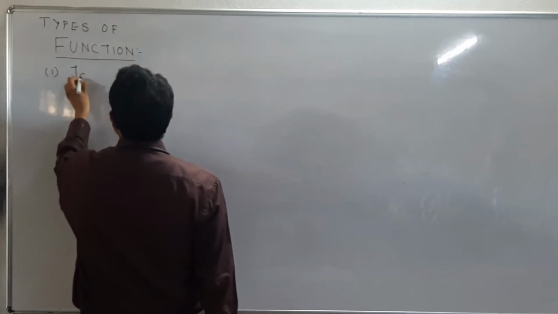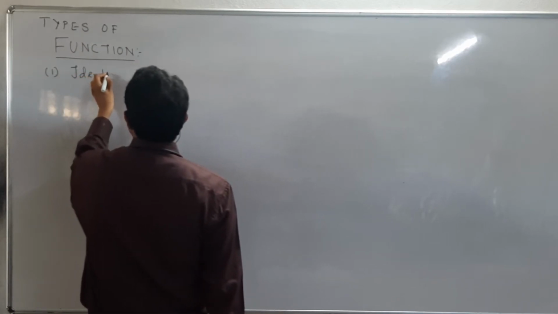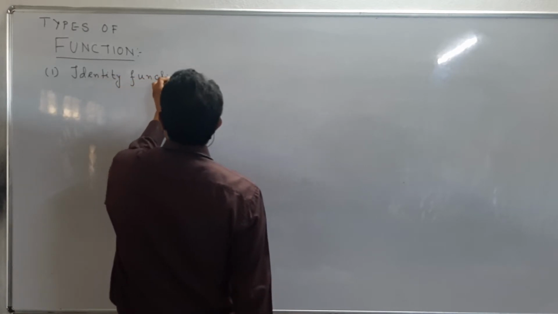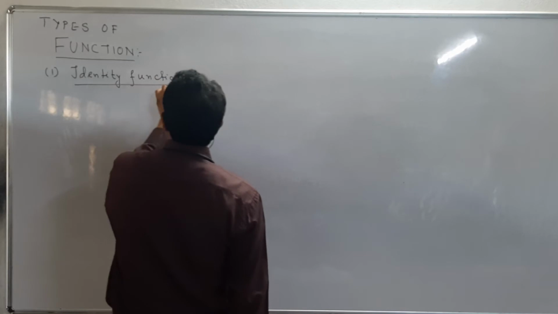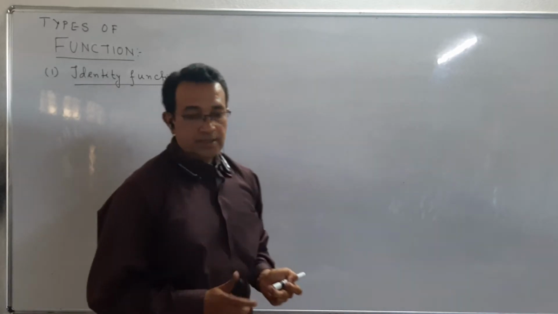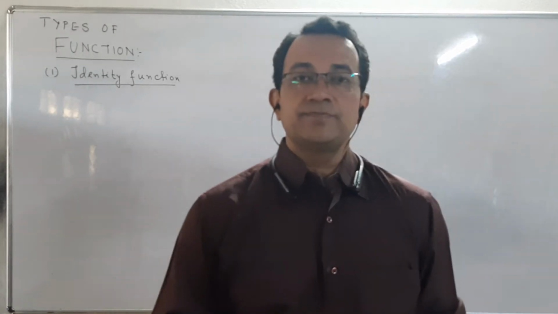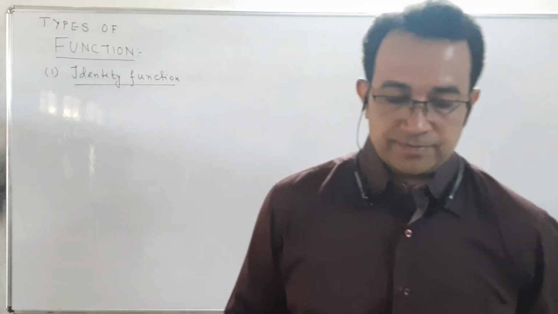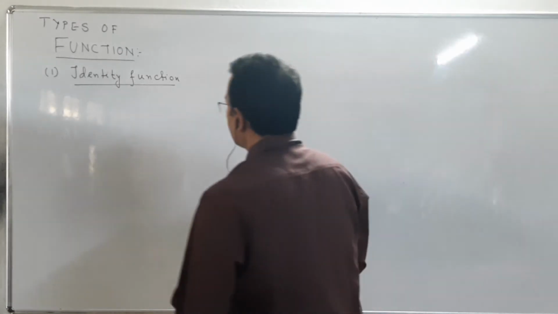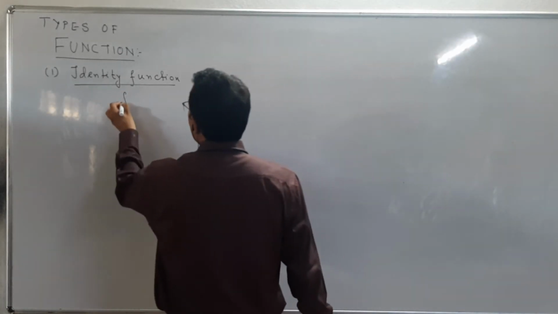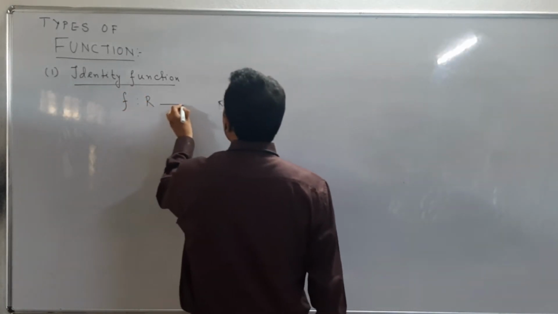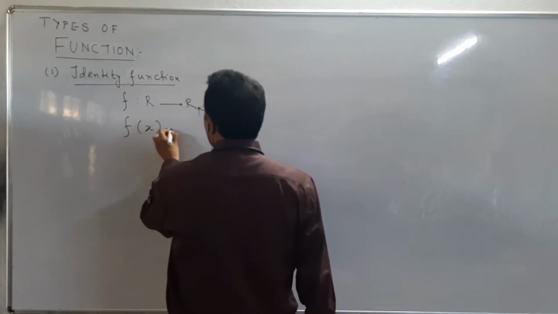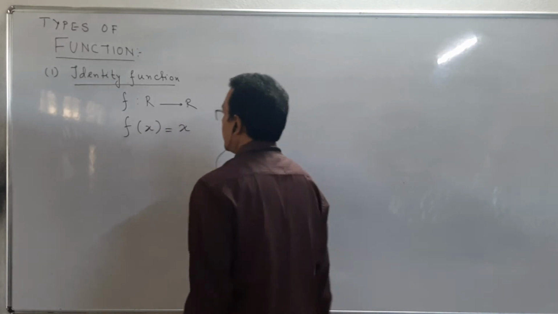First is identity function. Students, the first type of function is identity function. Now, in this function, domain is R, codomain is R, and the functional rule is f of x is equal to x.